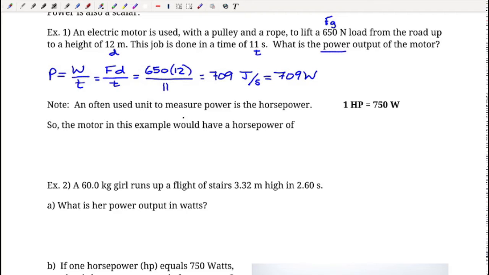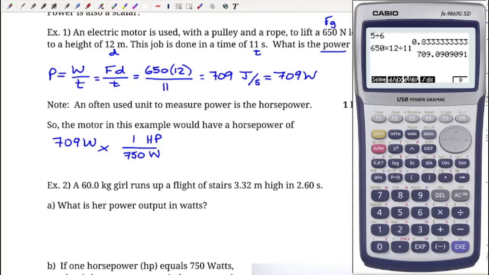709 watts. In this example, the motor would have a horsepower of, well, I want to convert 709 watts. I'm going to use this to create my conversion factor. So I have watts on the top, I need watts on the bottom, and I need horsepower then on the top. And then just plug in your numbers. So 1 horsepower is 750 watts. I would just pull up my calculator again and divide by 750 to get my answer.